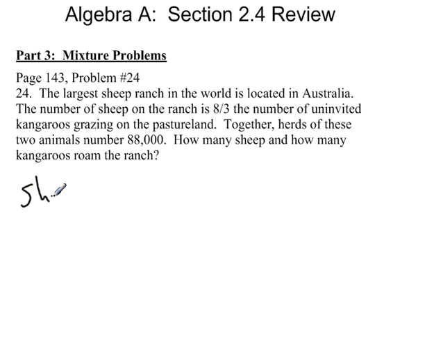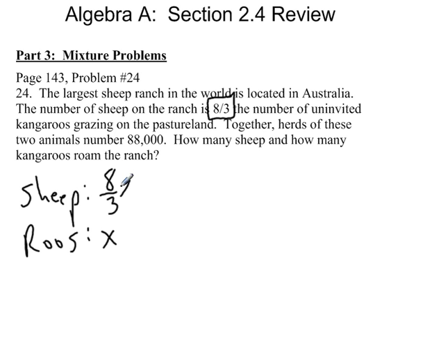Let's start with sheep, and then we've got kangaroos. Call those roos today. Now, going back rereading, the number of sheep on the ranch is 8/3 the number of uninvited kangaroos. So what it's doing is multiplying the number of kangaroos by 8/3 to give you the number of sheep.